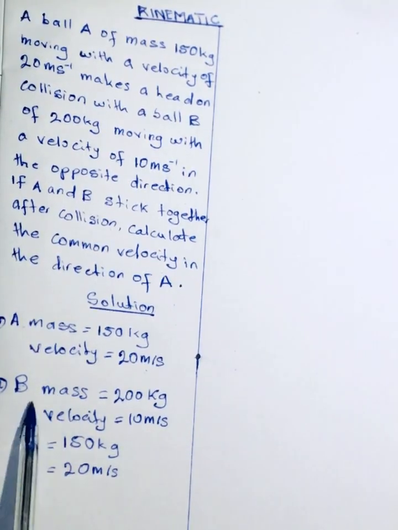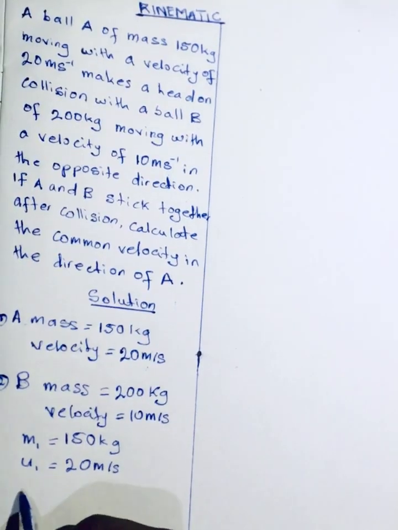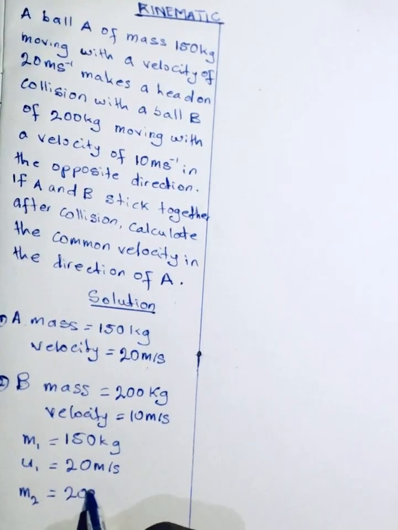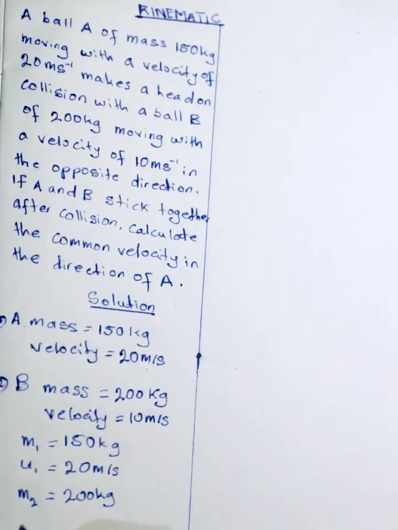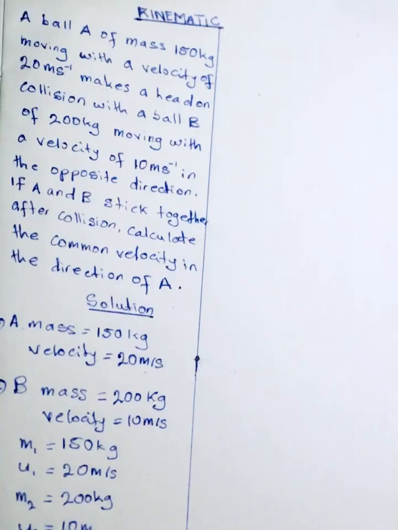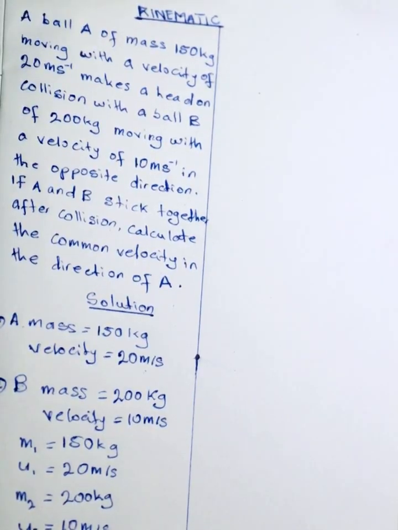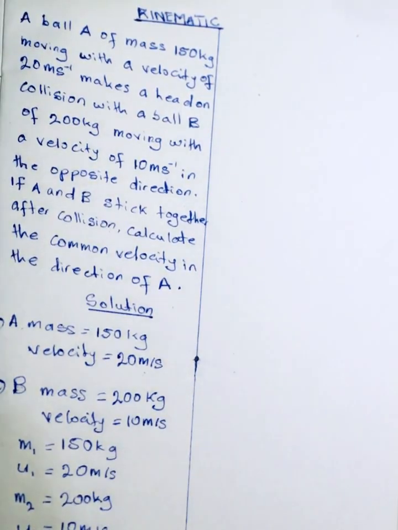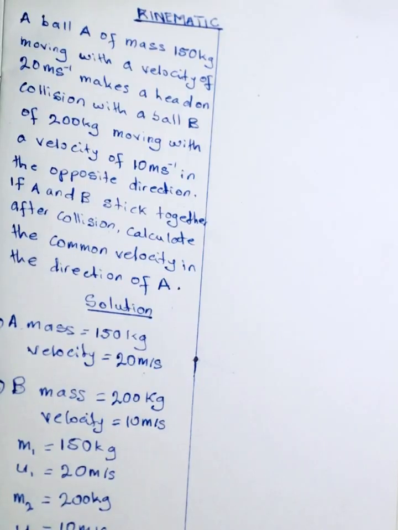And the body B, which is mass 2, is 200 kilogram, and U2 is 10 meters per second.